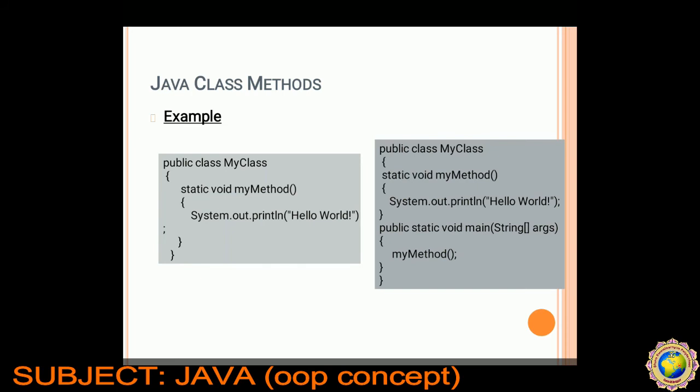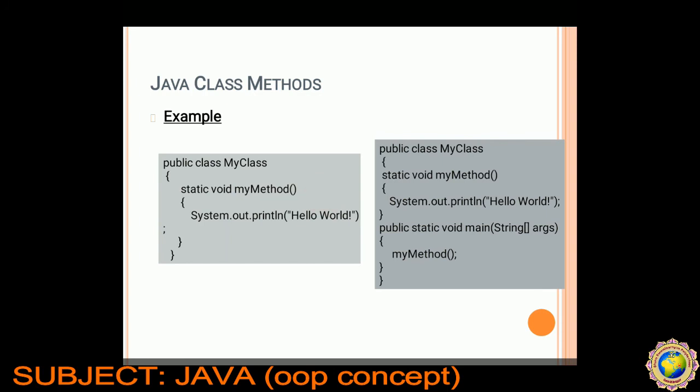Here we have taken the same class but in a different way we are showing. public class name, static void method, System.out.println("Hello world"). So here we have taken one class and declared one method.